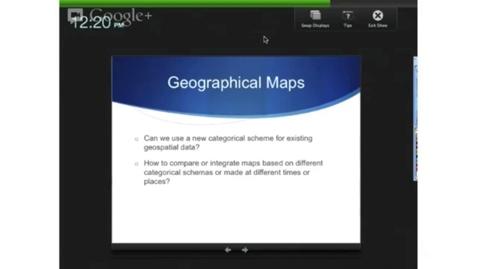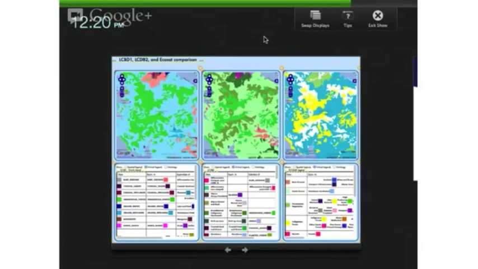This is an example. The three maps here display the data for Great Barrier Island, and the data is from the LCDB2 spatial map, which is a land cover database. However, we used a different legend and integrated that with the data from LCDB2. That one is from LCDB1, LCDB2, and that one is from EcoStat.